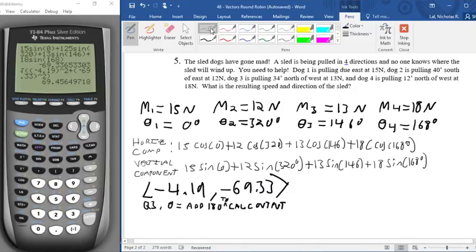So our magnitude is going to be equal to 69.46 newtons.